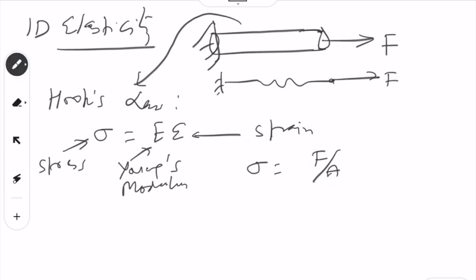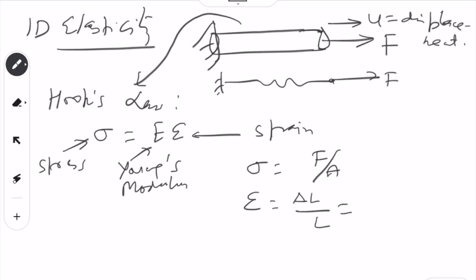And then you have strain is equal to delta L over L, and delta L is nothing but u. Let us say u is the displacement. So basically this is u over L. So we get the relation, we put all these values here.